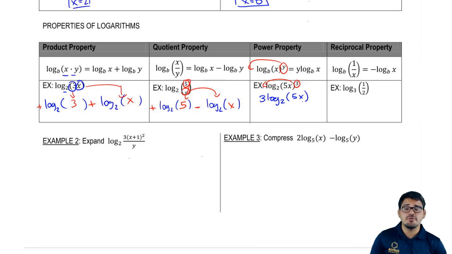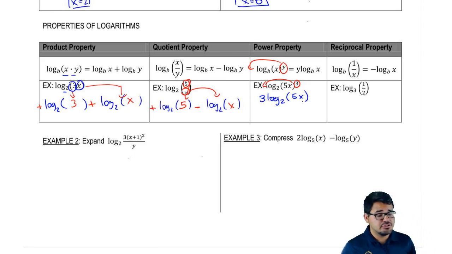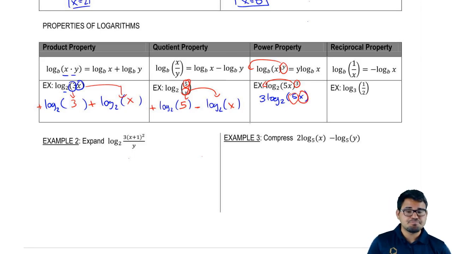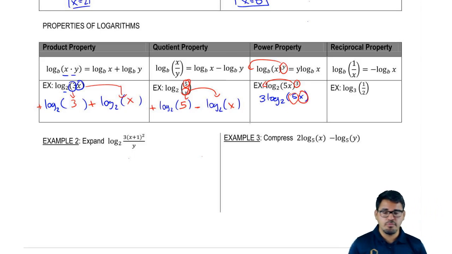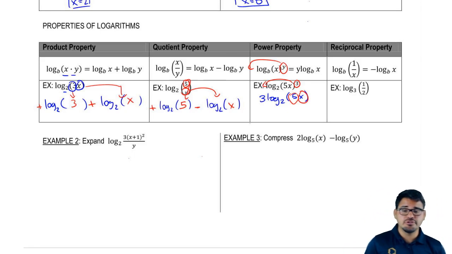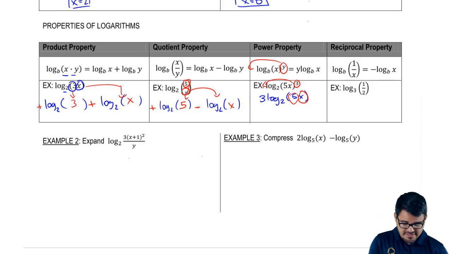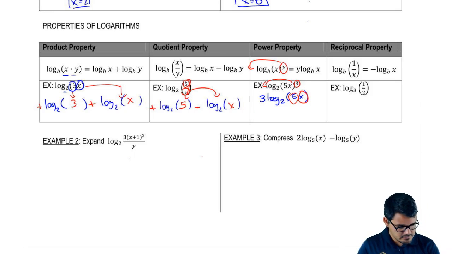But now we know a little more than doing that, right? Now we also notice that we have two factors that are multiplying. So what we're going to do is break them up. We're going to have our 3 on the outside, and then we're going to have two individual logs.